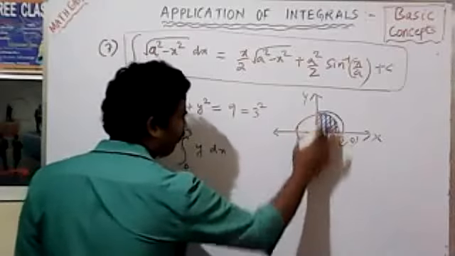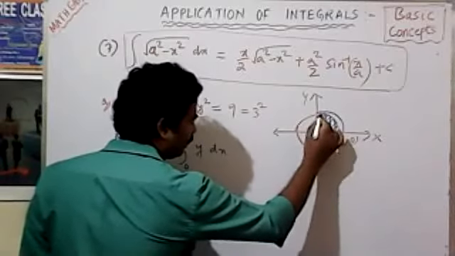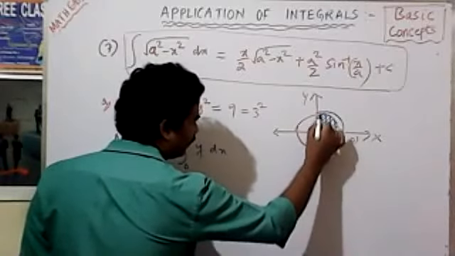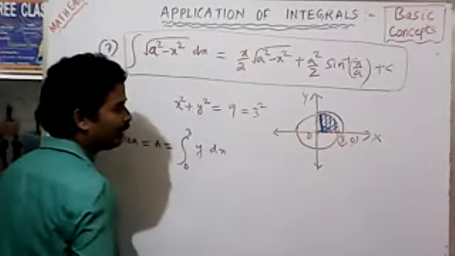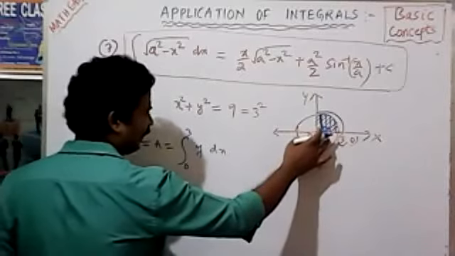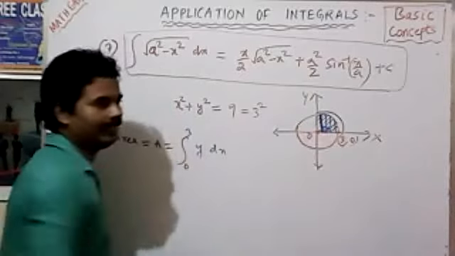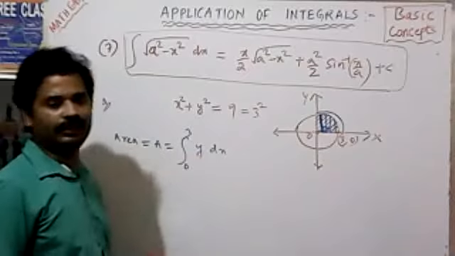Here this is y, this is dx. So that is a rectangular area, length into breadth. The length is y, the breadth is dx. So that's y into dx.